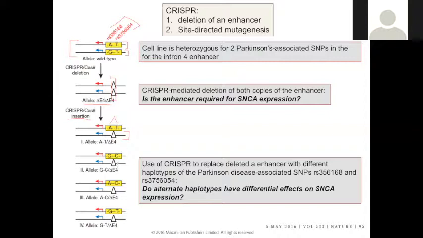In a second cell line, again, the deletion of the enhancer, and now we're testing the GC combination. The third is an AC, and the fourth is a GT. So in other words, what the authors are now asking is, what is important, the A allele, the G allele, or the T allele? And of course, the use of a C allele will allow them to test that.